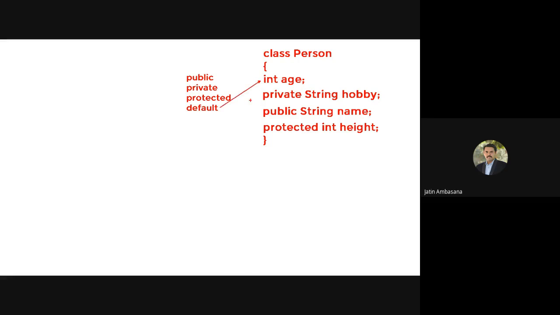One is default, another is private, another is public, and the last one is protected. So this has got 4 different scopes. Now how does this scope act? How does this visibility modifier affect this object? So check this out.